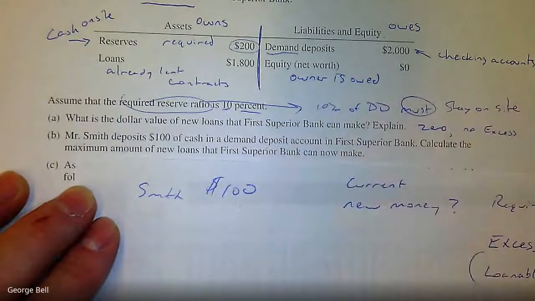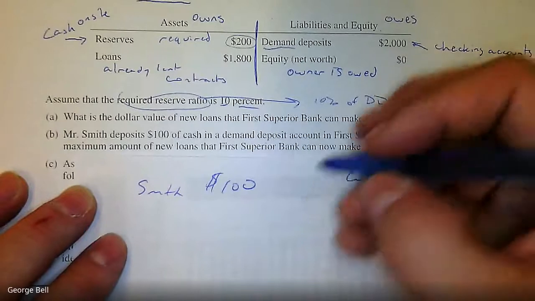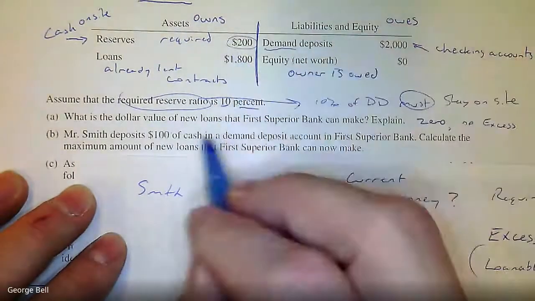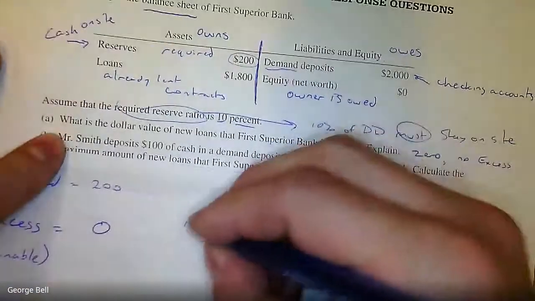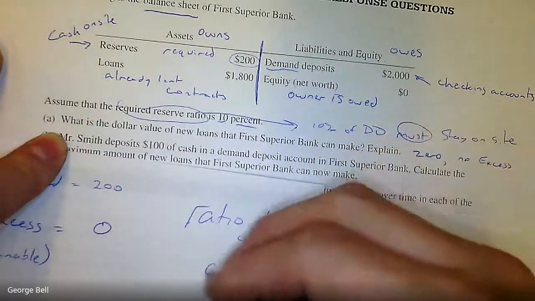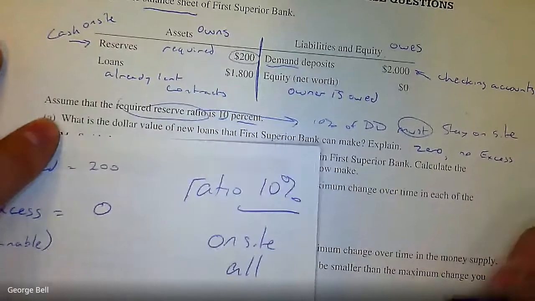This is what we call new money. The bank can lend out of this, but before they lend, they have to withhold 10%. See, the reserve ratio is 10%, and this is telling us that we always have to hold 10% on site of all money at all times.